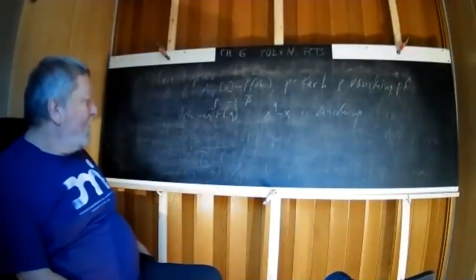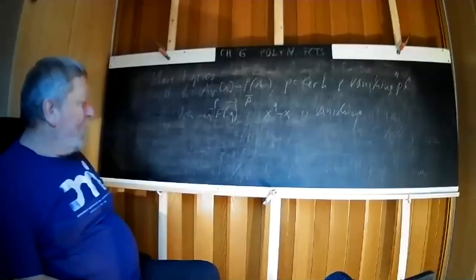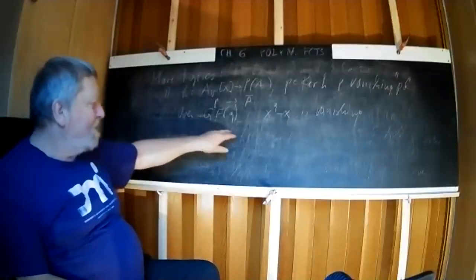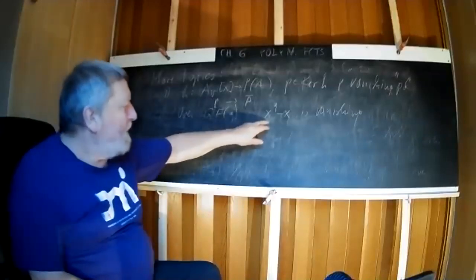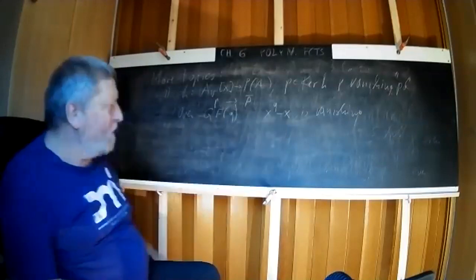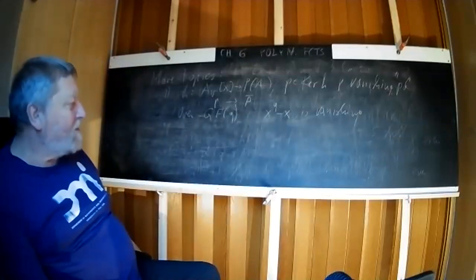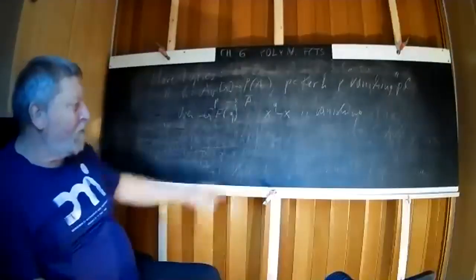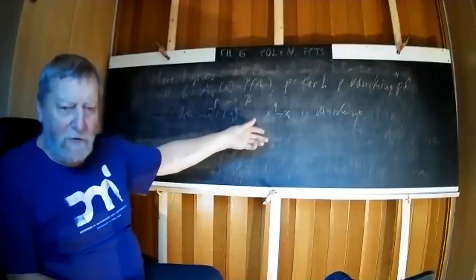Because over this field, every element is characterized by being a root of this polynomial. So the corresponding polynomial function is always 0.